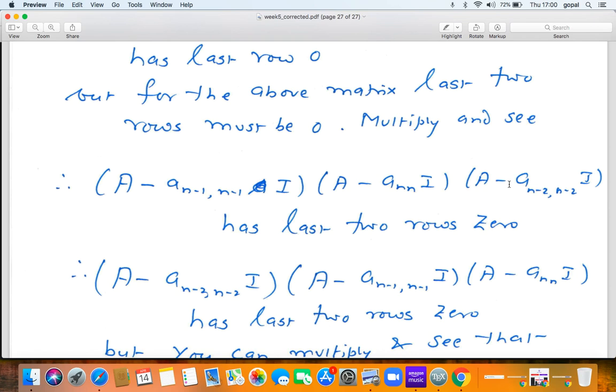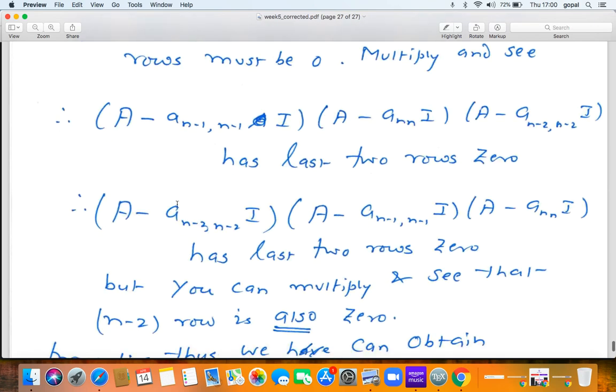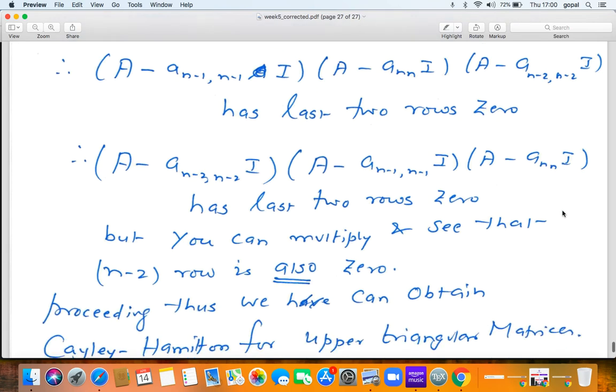So I'm going to write the last factor first. So A - a_{n-2,n-2} I times this particular thing, which has last two rows 0. But this matrix has the third last row also 0. A - a_{n-2,n-2} I has a third last row 0.